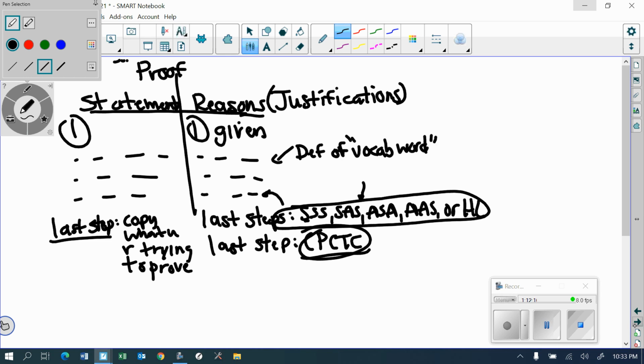Now, common ones for sure that you almost are always using is reflexive property of congruence. Okay, that's again when a side equals a side, so segment AB is congruent to segment AB, for example, or if an angle equaled itself, angle A is congruent to angle A. When you talk about overlapping triangles, for example, you'd have an angle congruent to itself.